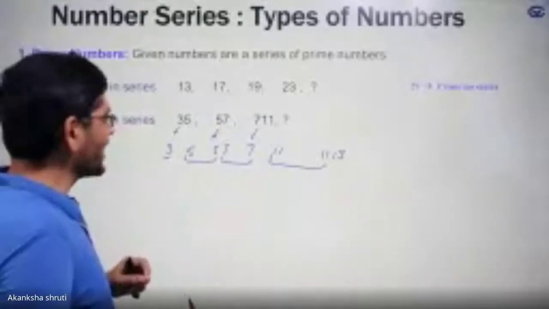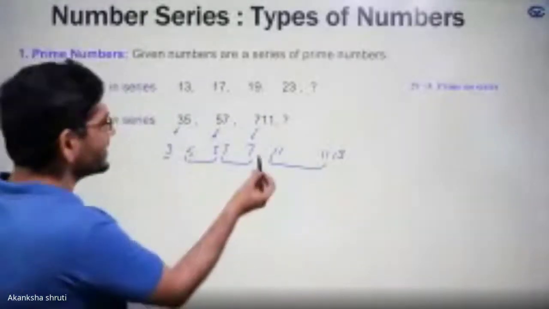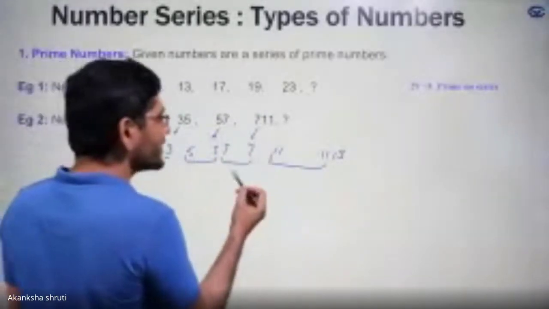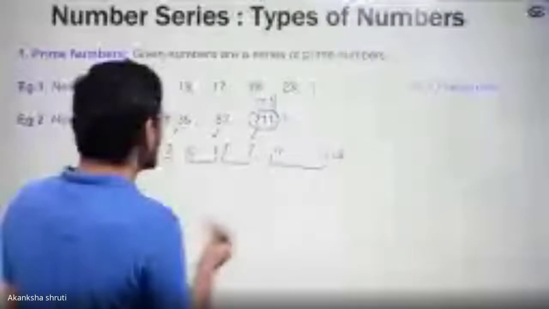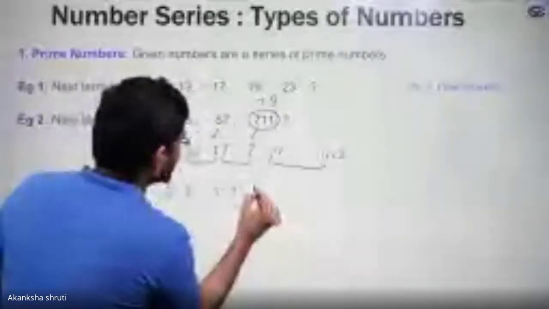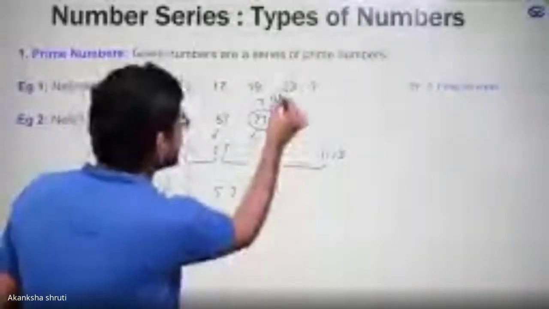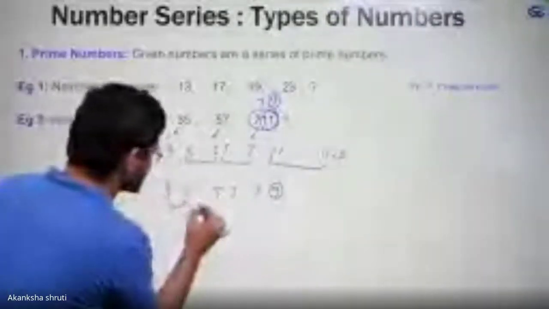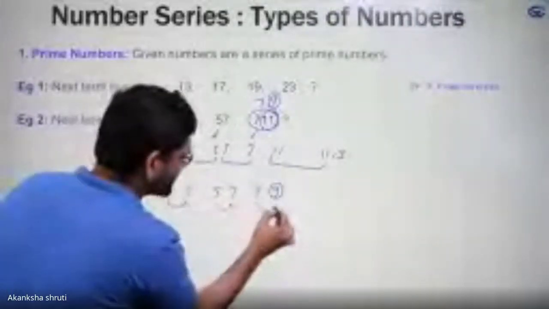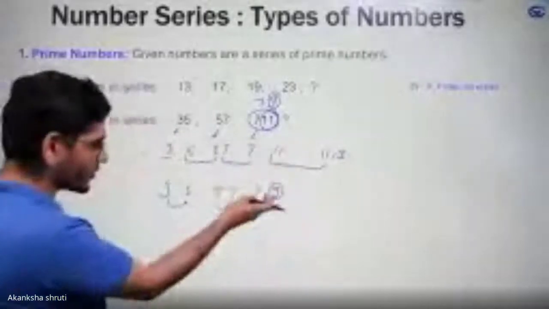Students, keep in mind how I have concluded that it is surely a prime. That I have concluded from this one. If it is 7, 9, then you can conclude. If this is like this, say 3, 5, 5, 7, 7, 9. If this were 9 in place of 11, then it is being increased by 2. Okay, increased by 2 means the prime number is not followed in this case.